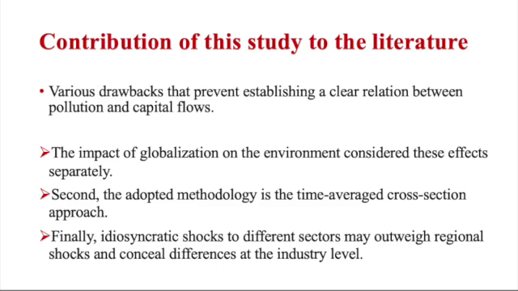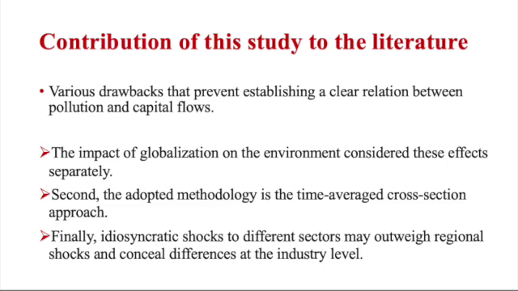The contribution of this study is to show the various drawbacks that prevent establishing a clear relation between pollution and capital flows. First, most studies that examined the impact of globalization on the environment considered these effects separately, with a plethora of data and samples at the firm or country level, which makes it difficult to draw any consistent conclusion.